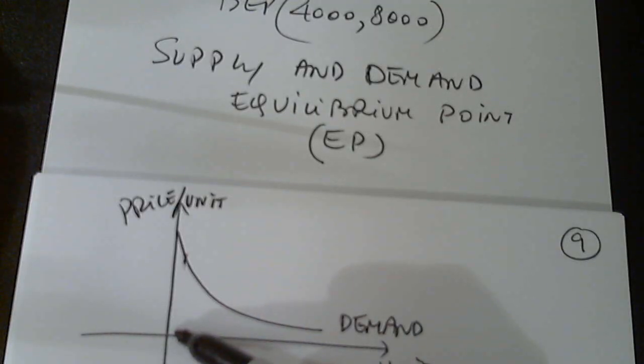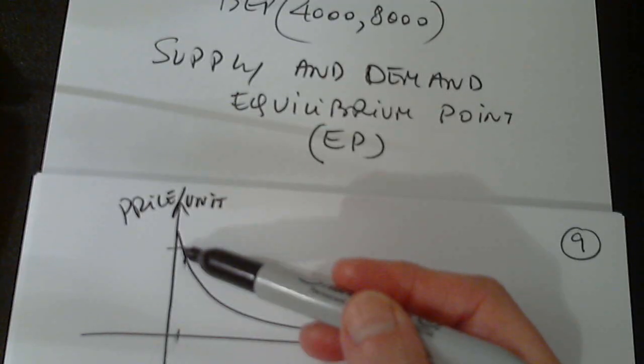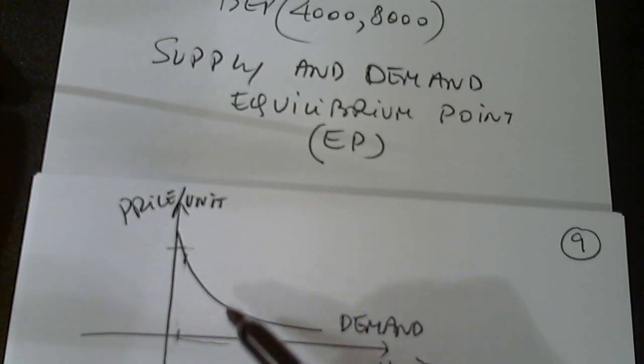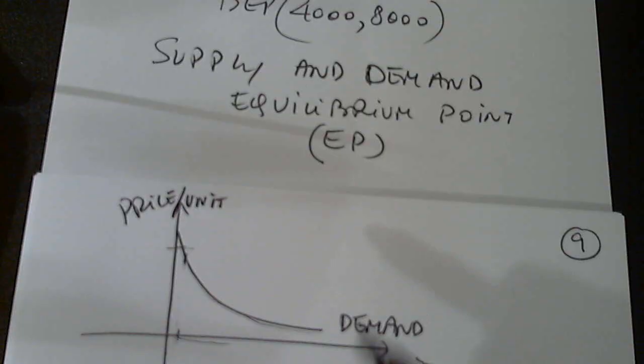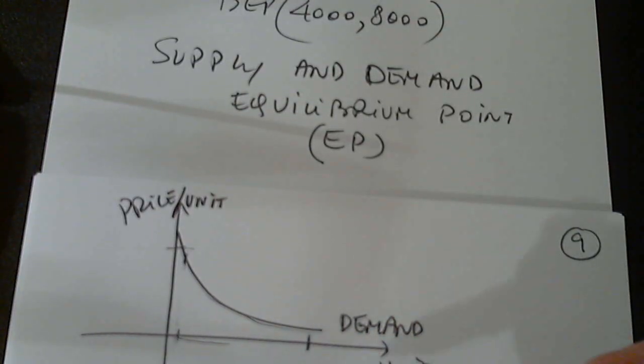So at this high price, only very few people can afford. But as the price decreases, more units can be sold or bought. This is a demand function.